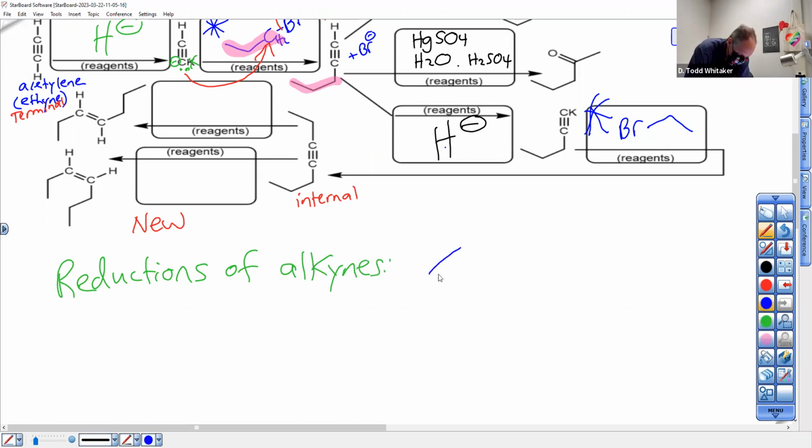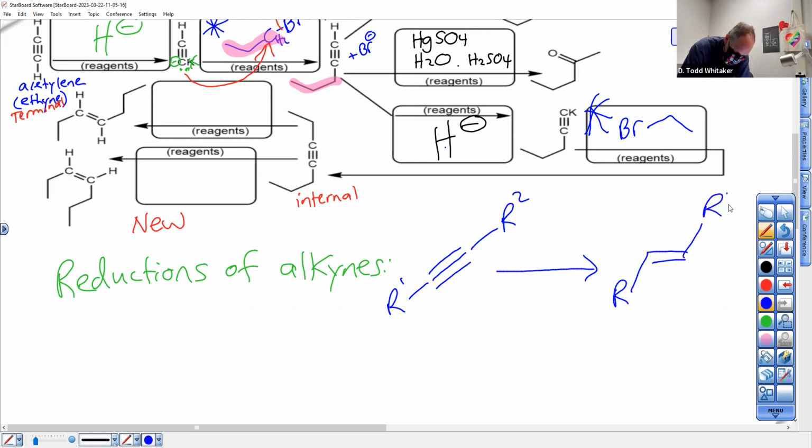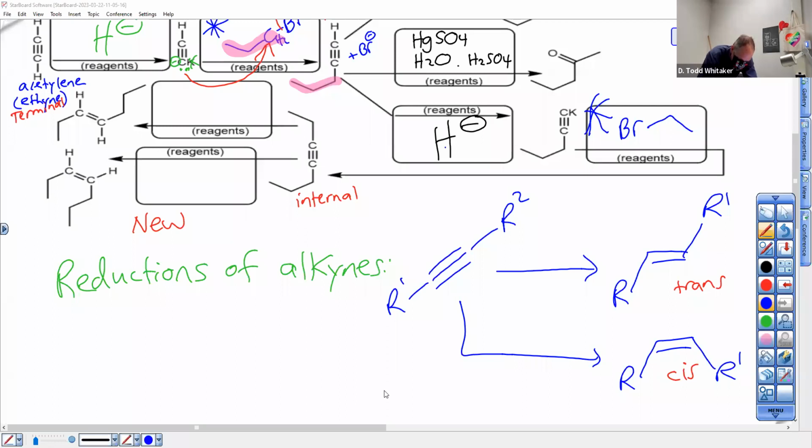And we'll just deal with internal alkynes, R1, R2. We need to be able to make it into trans. We need to be able to make it into cis. We don't really need this reaction, but we have to avoid it.